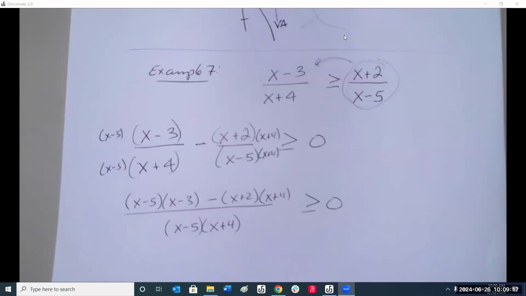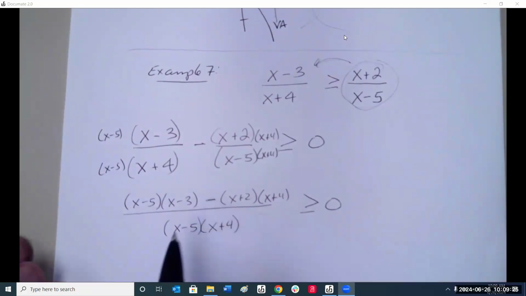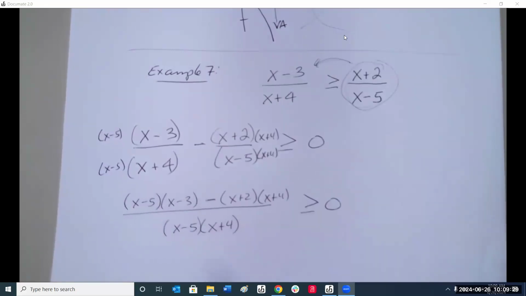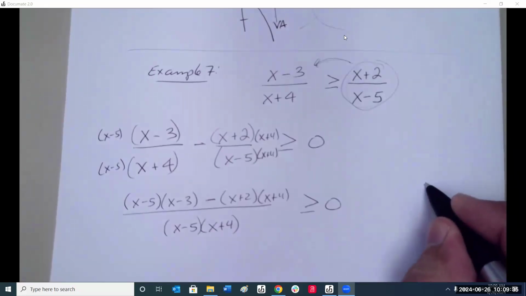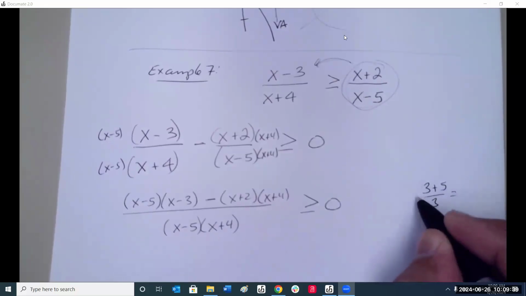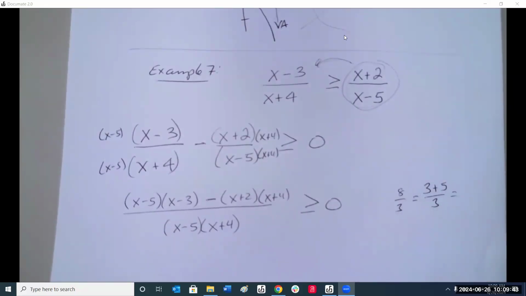No. I'm glad you said that. If there's a plus or minus in the equation, you cannot cancel that. In order to cancel, it has to be a common factor. It's like saying 3 over 5 plus 3 over 3.